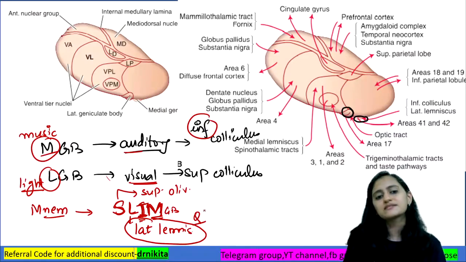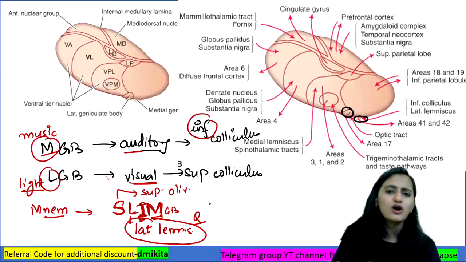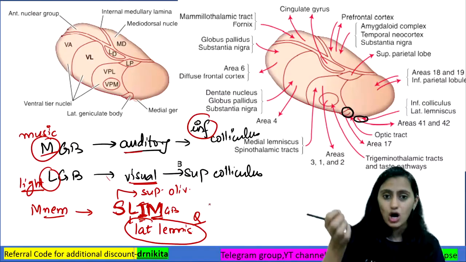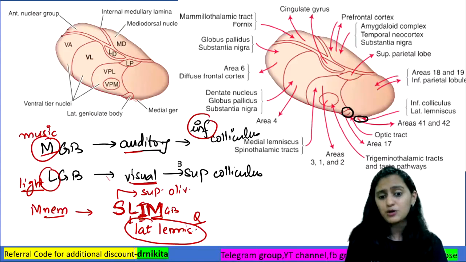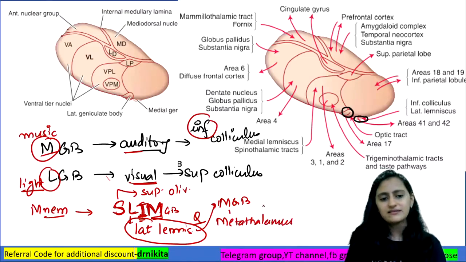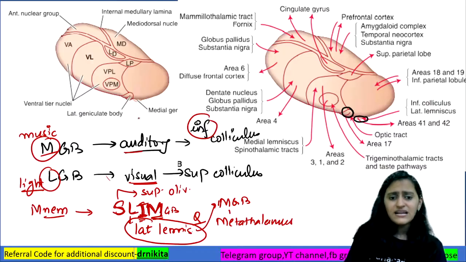If they ask you which of the following lemniscus does not go to the thalamus proper, trigeminal lemniscus, medial lemniscus, spinal lemniscus or lateral lemniscus, it would be lateral lemniscus because it goes to the medial geniculate body, which is a part of metathalamus. And where is the auditory cortex located?